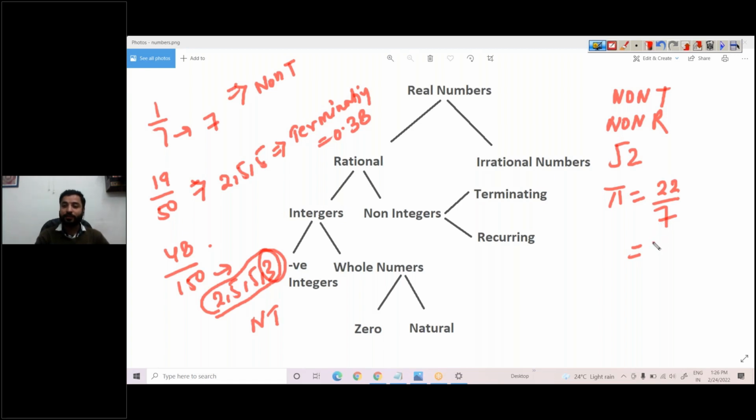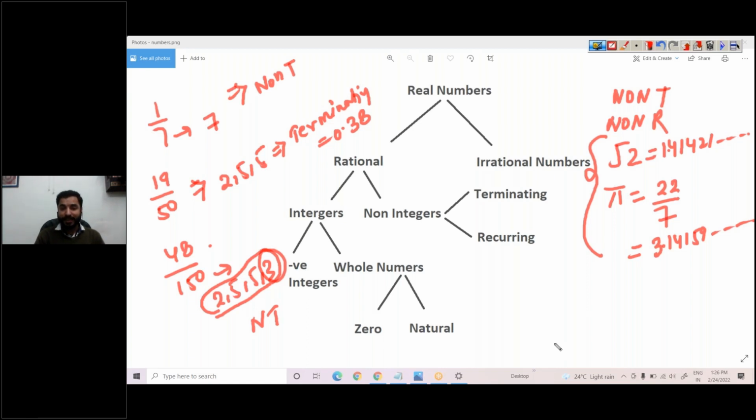It does not provide a final value; it is endless, 3.14159 and so on, that means non-terminating and non-recurring. And the value of root 2 is 1.41421, endless. So these are known as irrational numbers because they have non-terminating and non-recurring values.